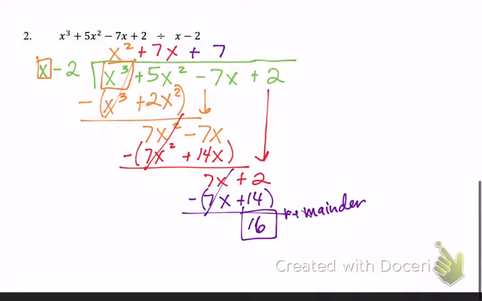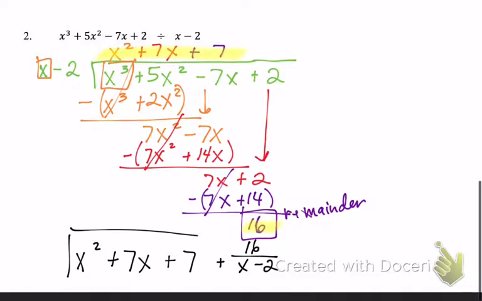So then for my final answer, I'm going to use the top and my remainder. So my final answer would look like x squared plus 7x plus 7 plus 16 over x minus 2. So this would be my final answer.